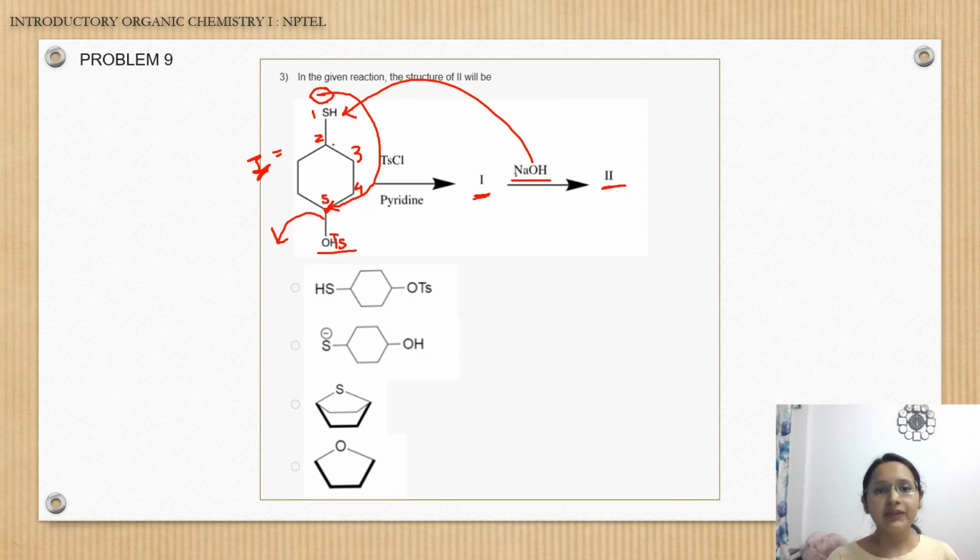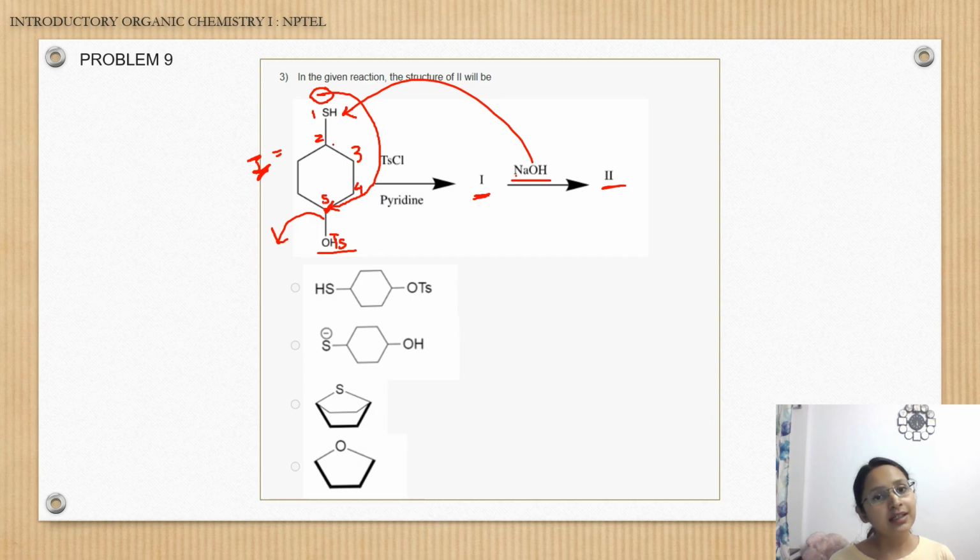Right? So the driving force for this particular reaction to take place is the generation of the five-membered ring. And I have told you, according to the Baeyer strain theory, a five-membered ring is much more stabilized than a six-membered ring, right? Because in the five-membered ring there is no torsional strain, there is no angular strain. But when you go to the six-membered ring, what happens? There is no torsional strain, but there is angular strain, right?